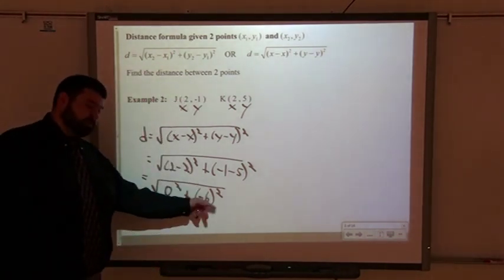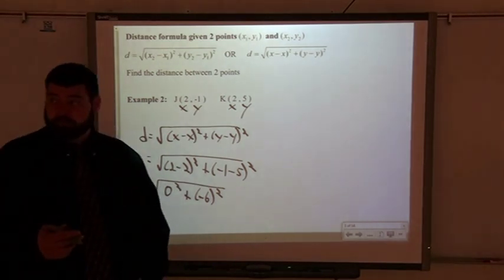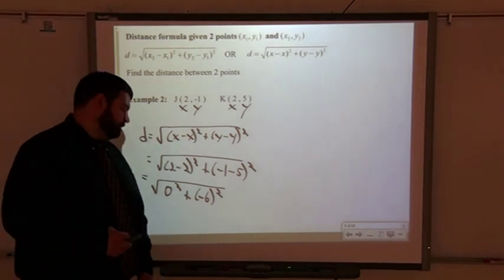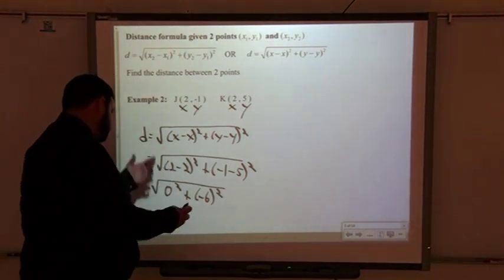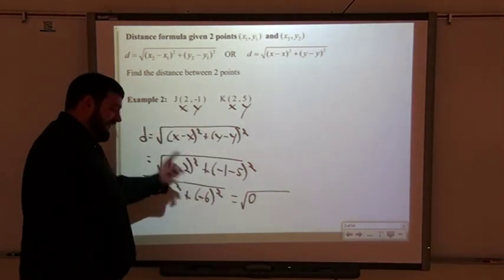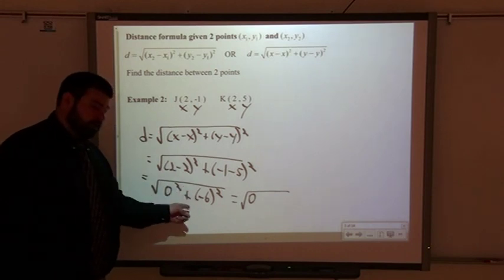Now notice these parentheses here, and that's where I said they're going to be important very soon. Second secret phrase, slick. So, 0 squared, 0 times 0, is just 0. Negative 6 squared. Now this is where I have to be careful and make sure I use my parentheses.